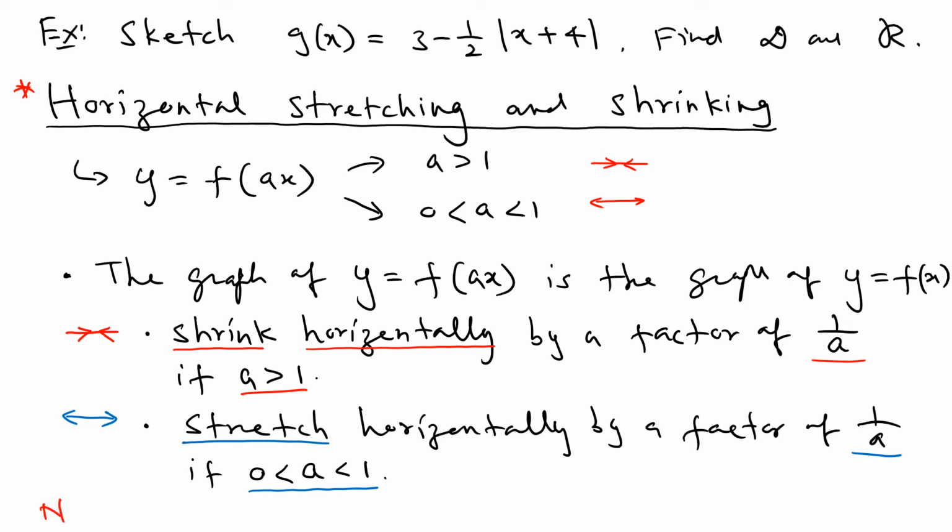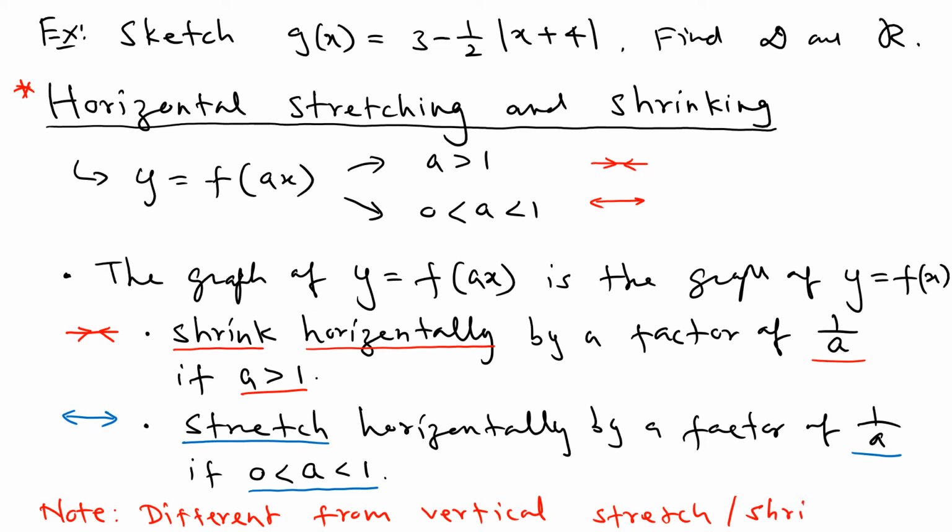So let's write this as a note that can help you later: different from vertical, because that one is easy. If you multiply by a large value, it gets large; multiply by smaller, it gets smaller. But here it's going to go backward, like it's opposite.